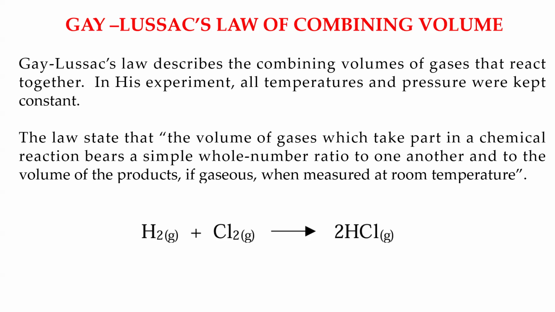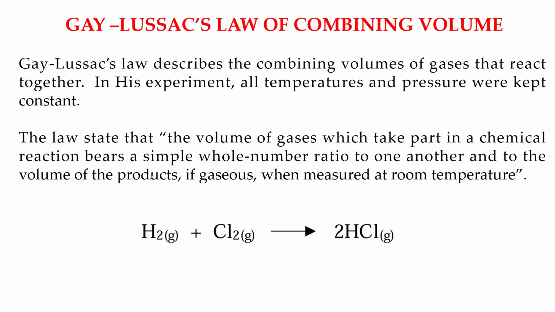Here we have some gaseous substances, hydrogen gas and chlorine gas, which react to produce hydrochloric acid, also a gas. According to this law, the gaseous reactants as well as the product generated bear a simple whole number ratio to one another.